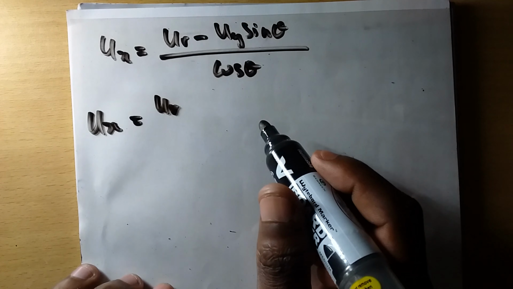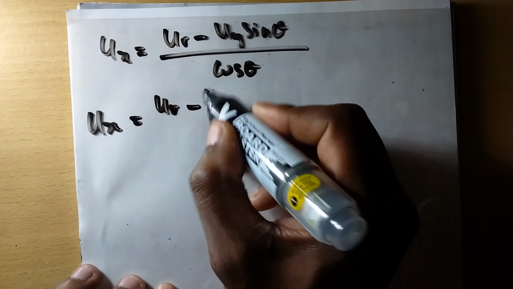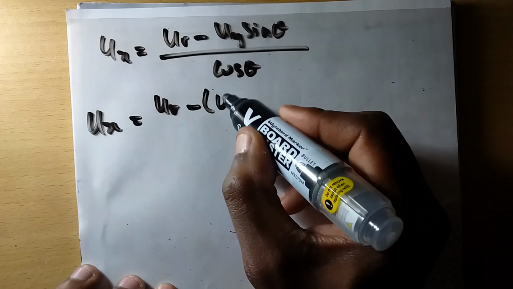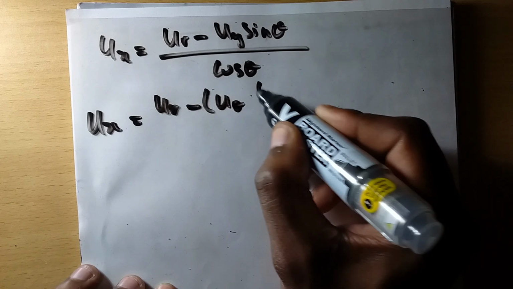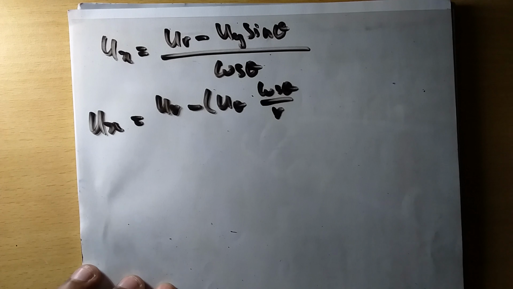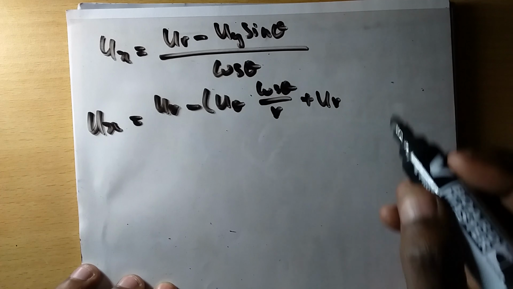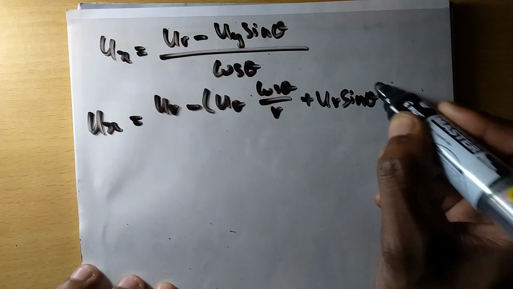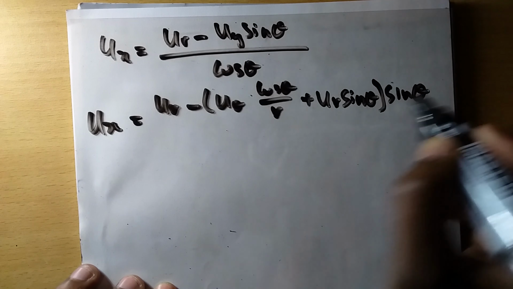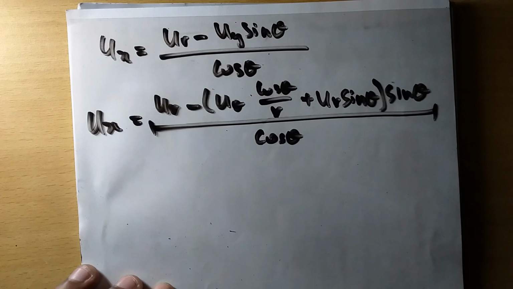So what we have here is minus U_θ cos θ divided by r, plus U_r sin θ, and the whole thing is multiplied by sin θ, and the whole term is divided by cos θ.